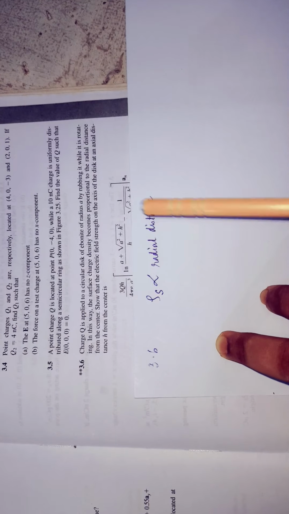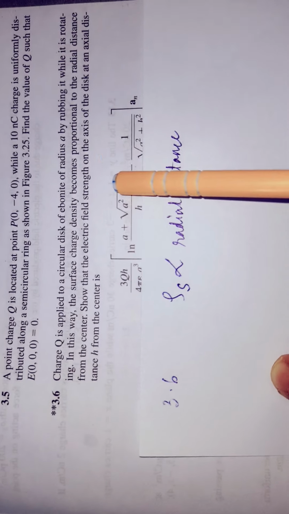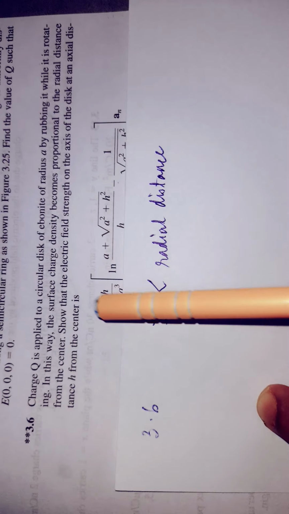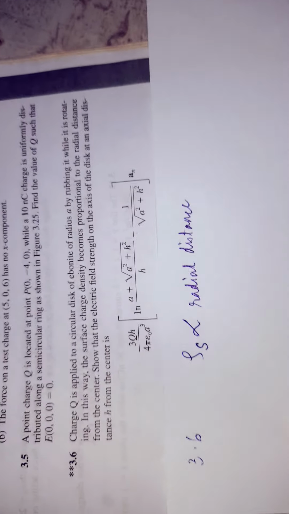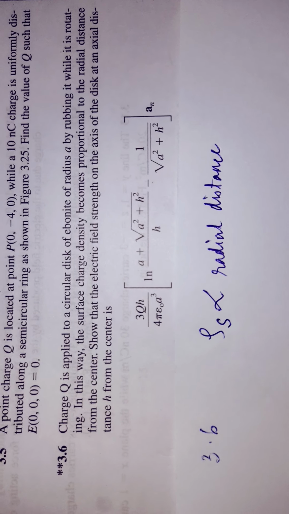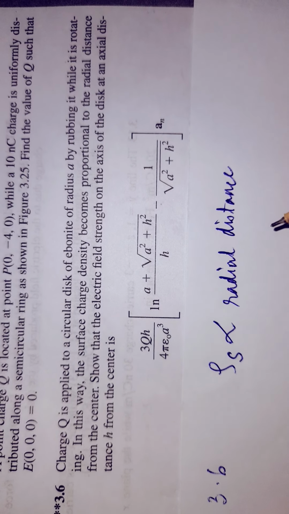Then next, show that the electric field strength on the axis of the disc at an axial distance h from the center is this. So this is something we have to prove, that the electric field on the axis of the disc at an axial distance h from the center is this.